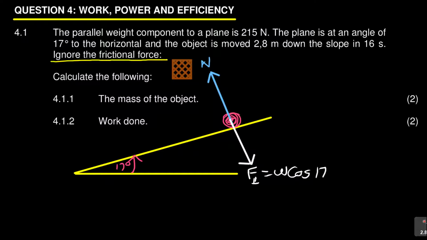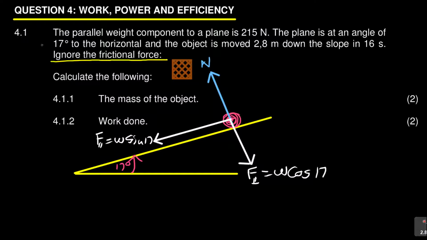Alright, then we have got the weight parallel to the plane. See that one? Similarly, they called it the Fs, which I call the F parallel, which is W sine 17 degrees.